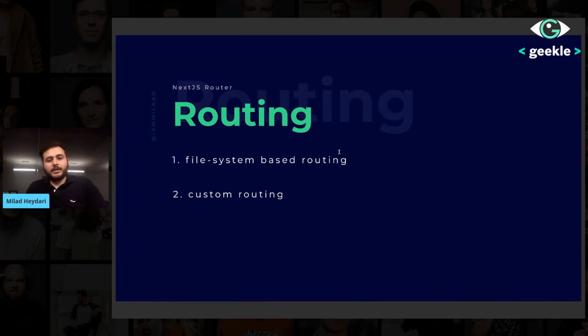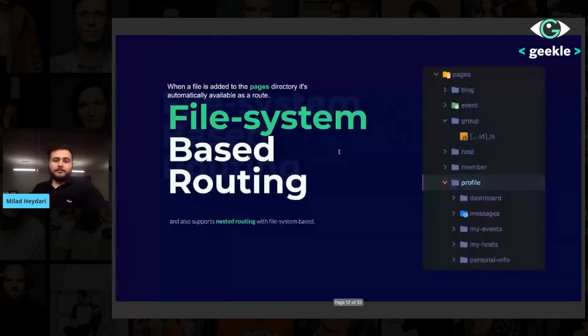If you want routing in Next.js, you have two ways: file system based routing and custom routing. First of all, we need to know what exactly file system based routing in Next.js is.